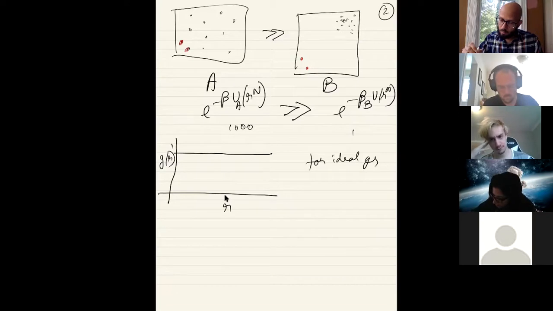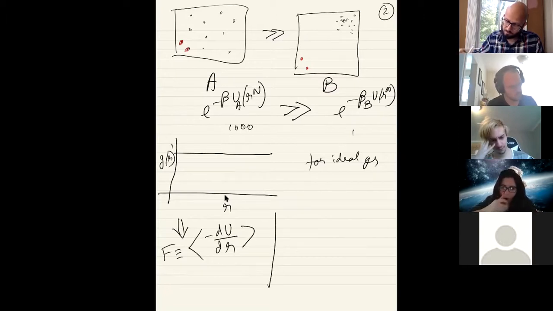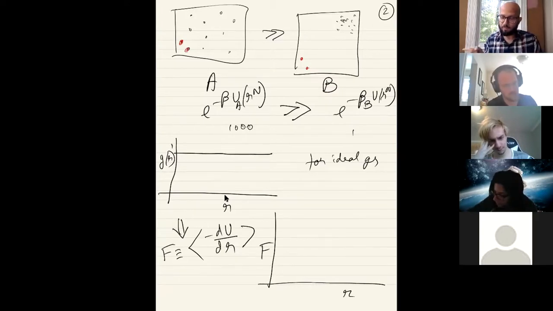So using this relation, what can we say about the average force experienced between two ideal gas particles as a function of r? Let's call this F, because we will be using this again and again in the next few minutes. So for an ideal gas, what can we say about the force as a function of r?